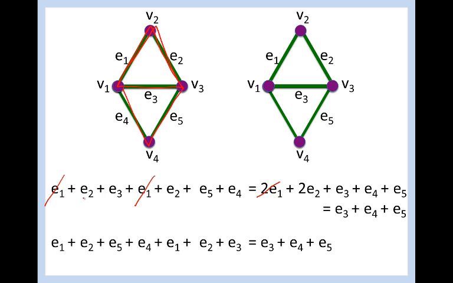So I only see E3 plus E4 plus E5. So again, working mod 2, we lose information, but it is worth the computational efficiency. Note that regardless of the path, if I have 2 of an object, I can cancel them out in pairs, leaving me with E3 plus E5 plus E4.